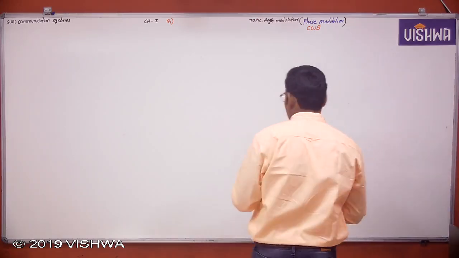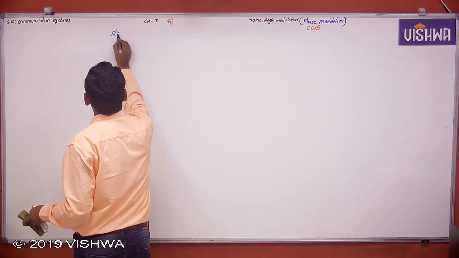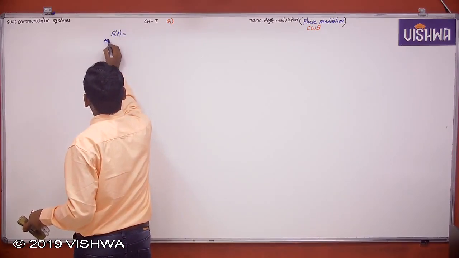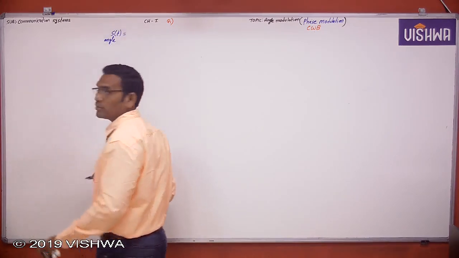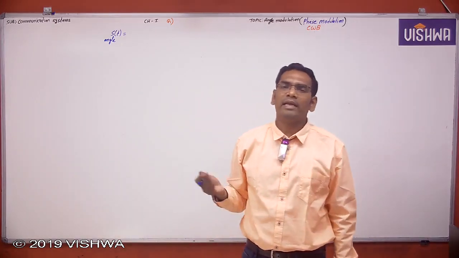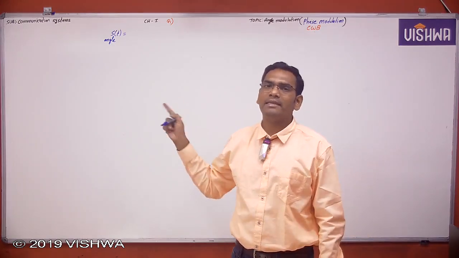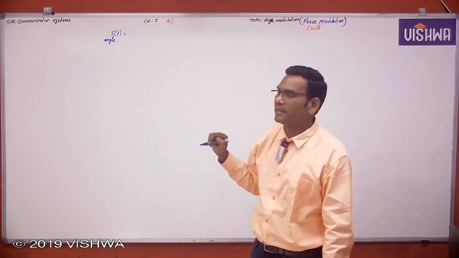Consider an angle modulated signal S of t. He has not mentioned FM modulation or PM modulation; he has mentioned an angle modulated signal. So you can treat it based on the parameter he is asking, as FM or as PM.